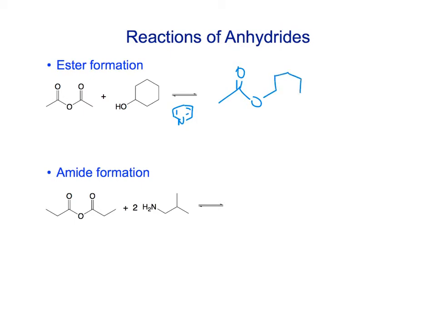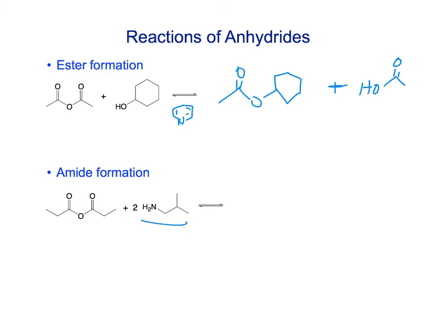And our ester is now going to be this cyclohexyl ester plus, let's just balance it. I'm just going to draw the carboxylic acid. Okay, so the alcohol just displaces that.